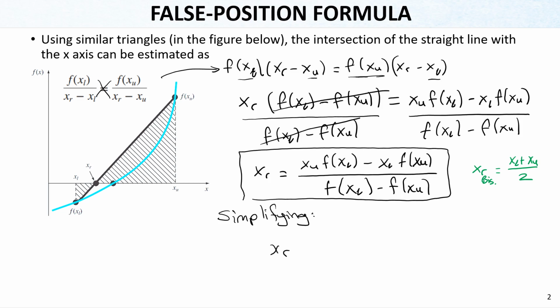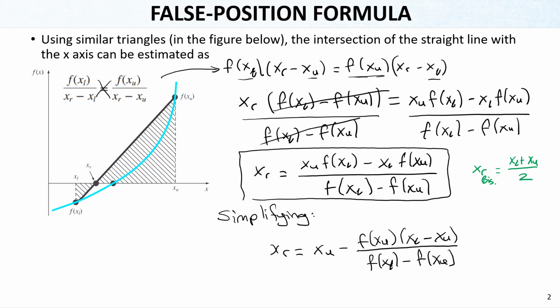Then xr is equivalent to xu minus f(xu) times (xl minus xu) divided by f(xl) minus f(xu).